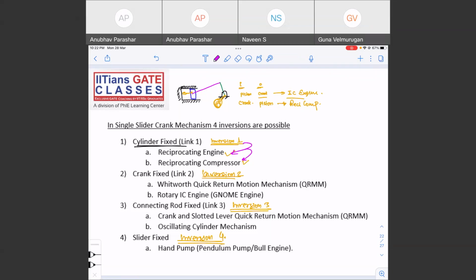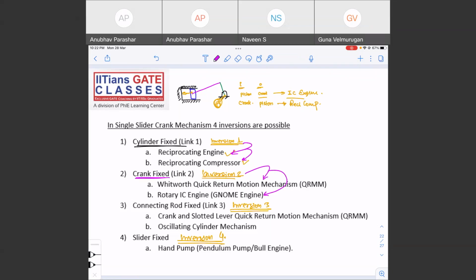Similarly, if you put your second inversion to use, second inversion means the crank is fixed, you can have Whitworth quick return motion mechanism or rotary IC engine, that is the Gnome engine.